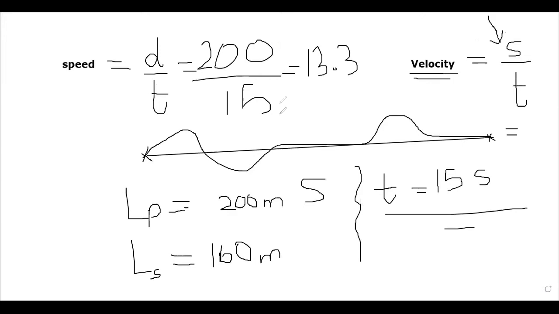Mazen, open the mic please and tell me which one is displacement, which one is time, and how we find the velocity. Yes, sure. 160 meters displacement. Okay, divided by?